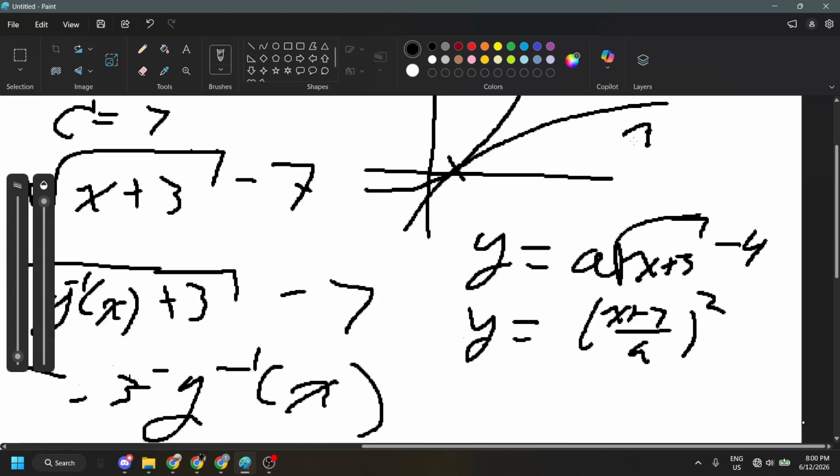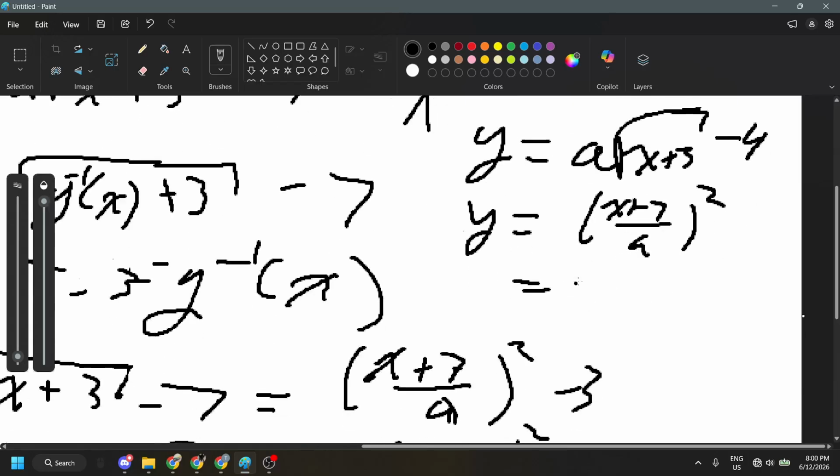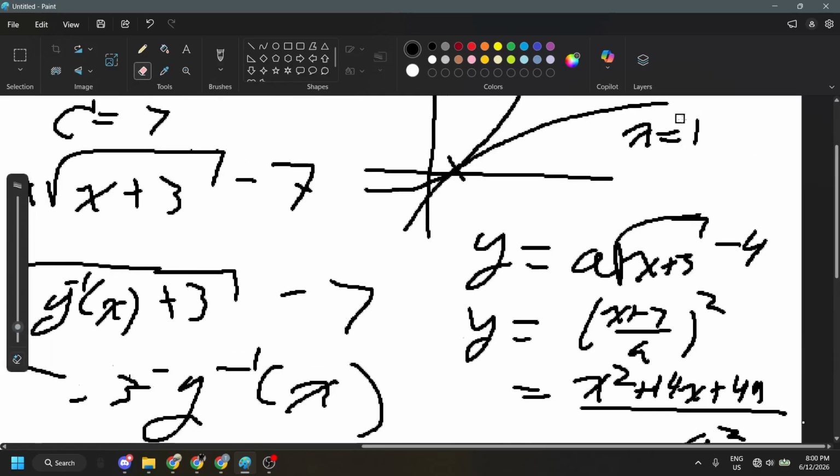Yes. So let's say x is equal to 1. Does that work? We get 4, so 2a minus 4. This is equal to x squared plus 14x plus 49 over a squared. So x is going to be larger.